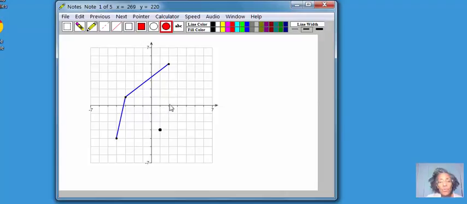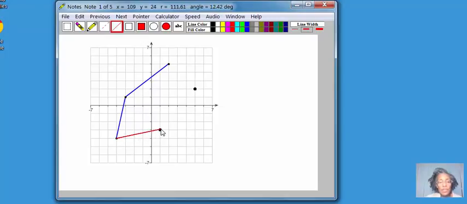And since 2, 5 was a point on the function, 5, 2 is a point on the inverse. So these were the points we had marked off. And let's actually connect these dots.